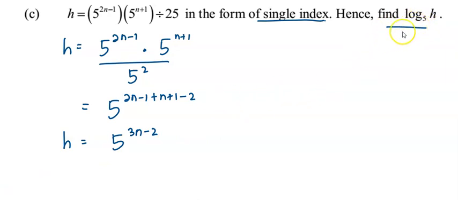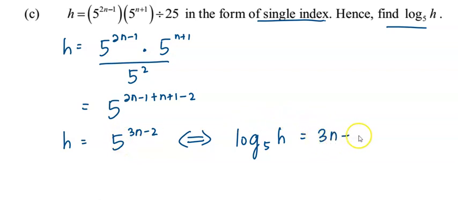Actually, they are asking us to convert this index form into log form, where the base of the index will become the base of the log. This will be h, and log h to the base of 5 will equal the power of the index form, that is 3n minus 2.